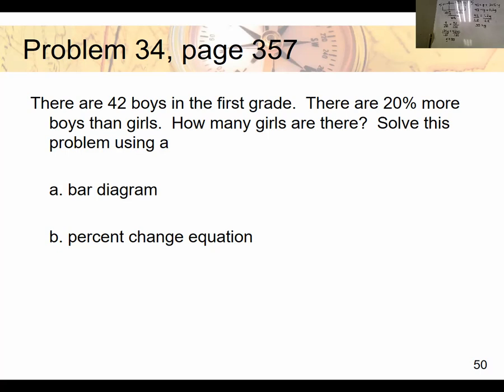So using a percent change equation, this will be 35 girls. All right. Any questions about problem number 34?